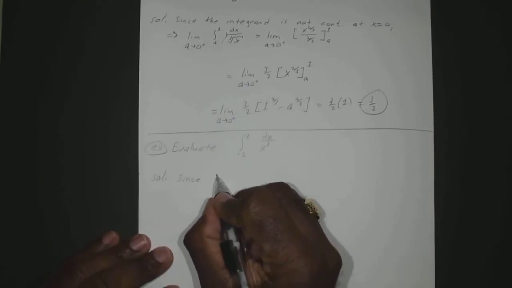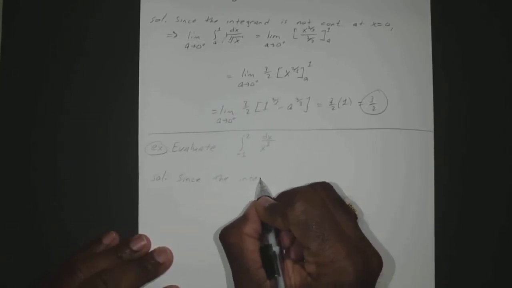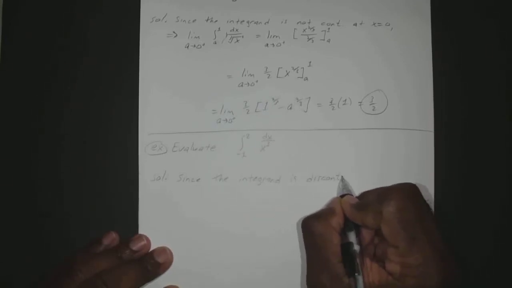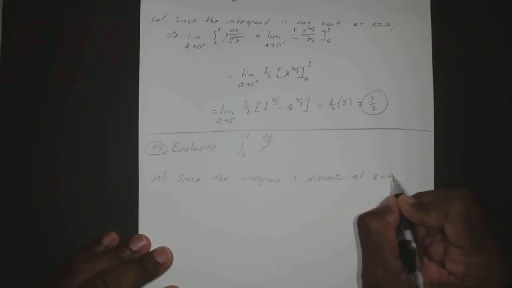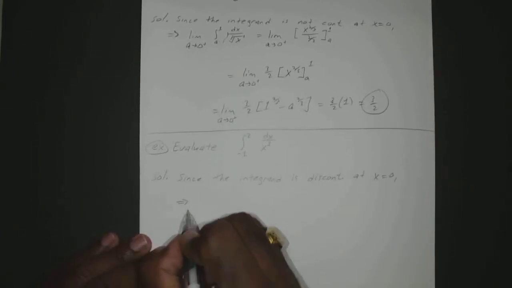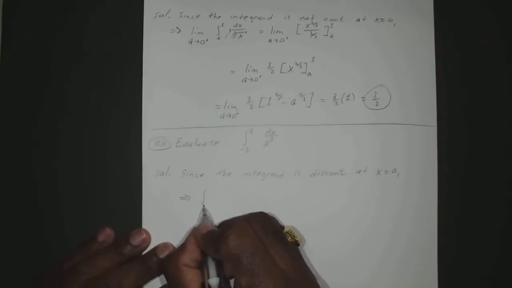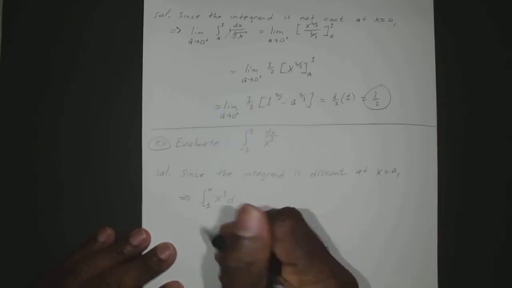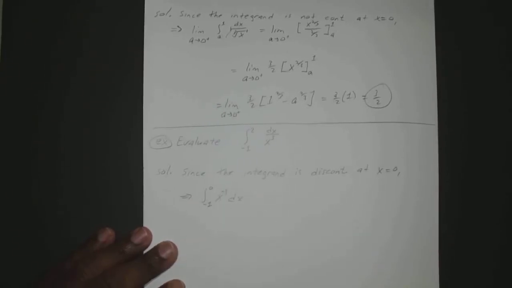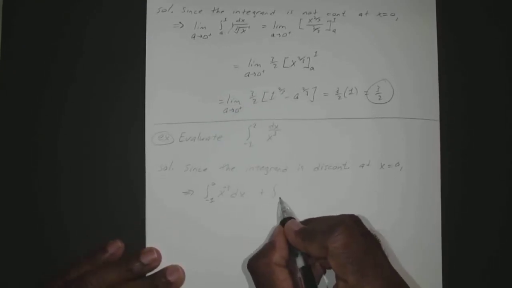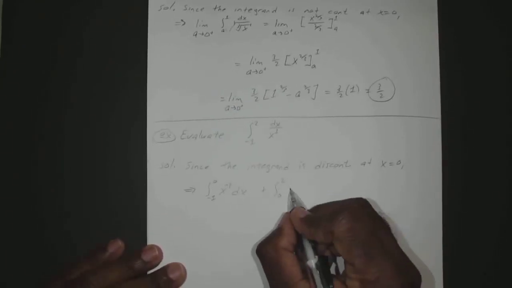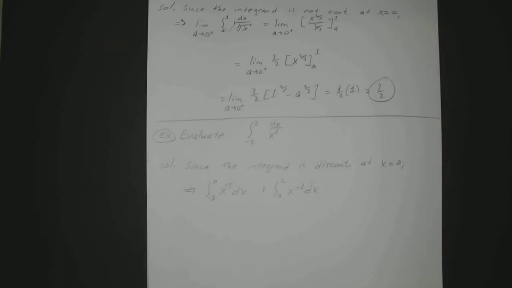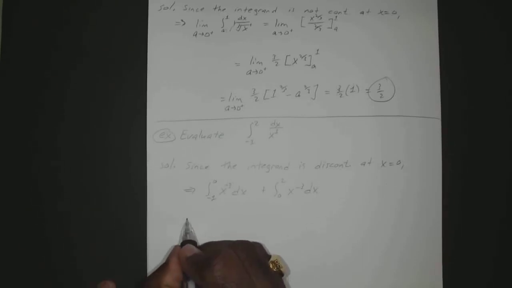So since the integrand is discontinuous at x equals 0, we rewrite it from -1 to 0 of x to the -3 dx, plus the integral from 0 to 2 of x to the -3 dx. And since it's not continuous at 0, that's where the limit comes in.